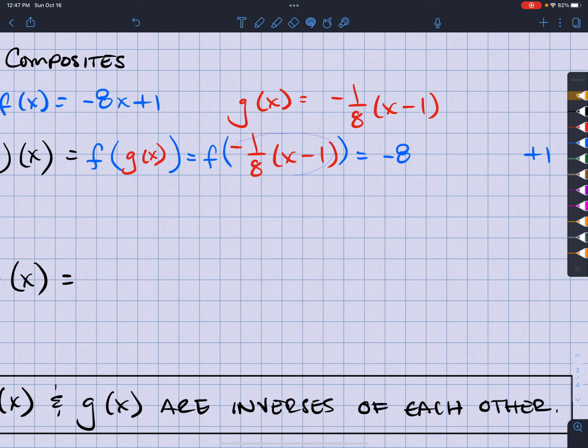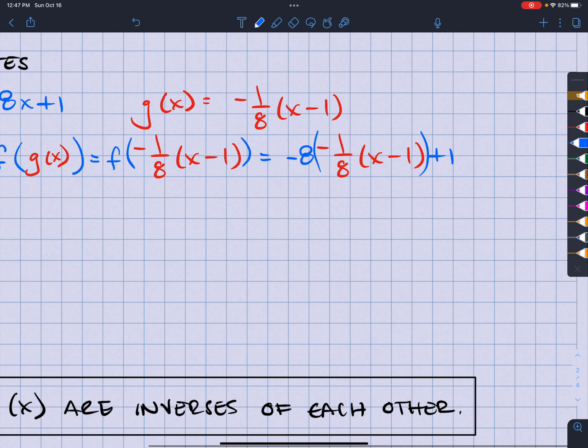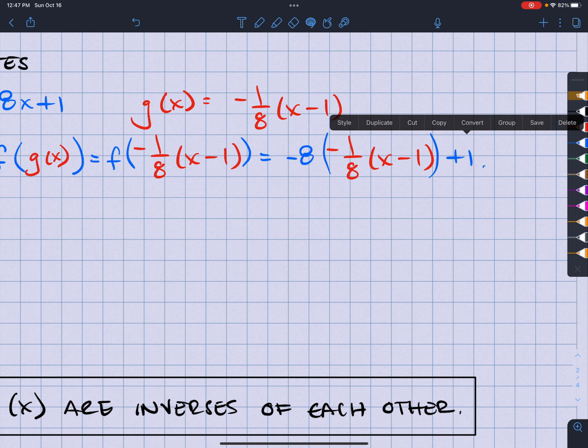With this right here. And I should always use parentheses, all right? Just remember that. You should always use parentheses. Okay, so let's do this.